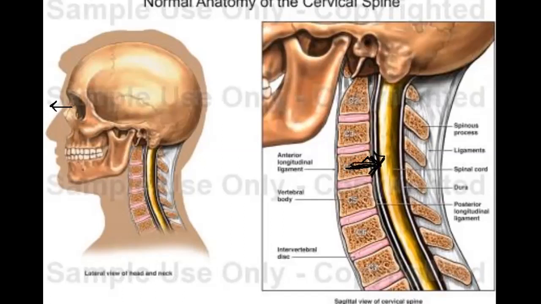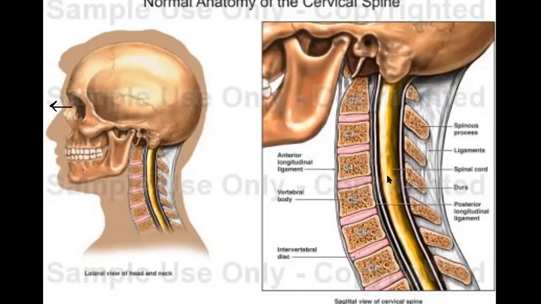Probably the most common sport to get a fracture would be football. Actually, I shouldn't say it's not uncommon, but it's not unheard of for football players to get fractures that cause paralysis in their spine. So let's go ahead and take a look.